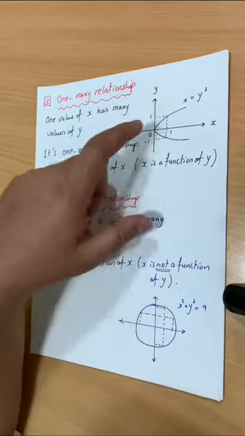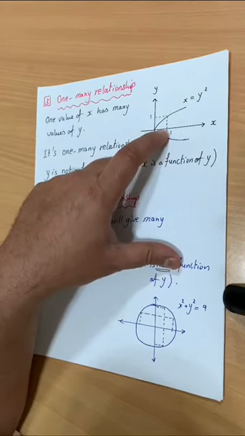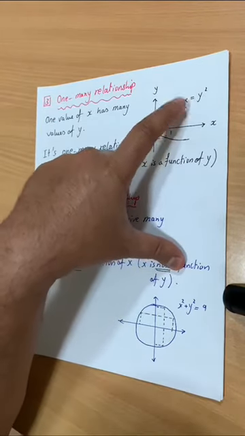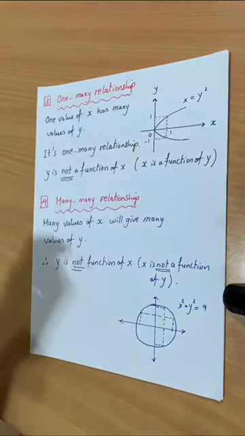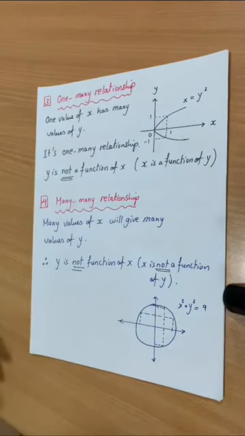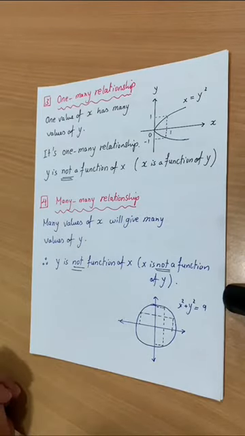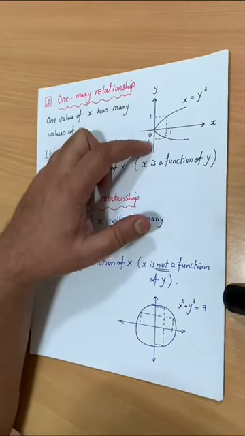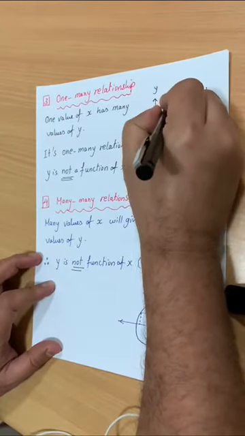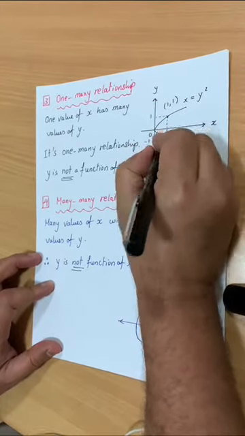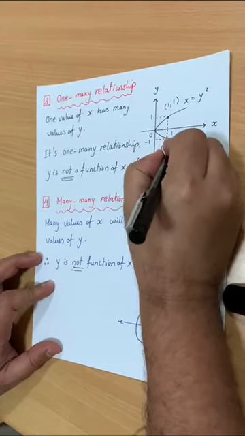Why? See, this is the same value of x. If we replace x as 1, 1 is equal to y squared. So if you want to find the values of y, you're supposed to take the square root of both sides. Then you'll get 1 and negative 1. So this point has the coordinates of 1 and 1, and this point has the coordinates of 1 and negative 1.